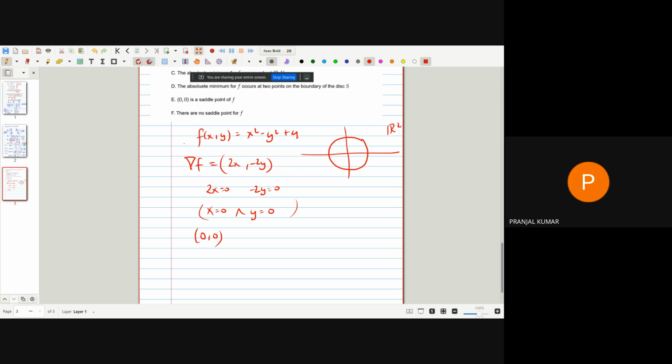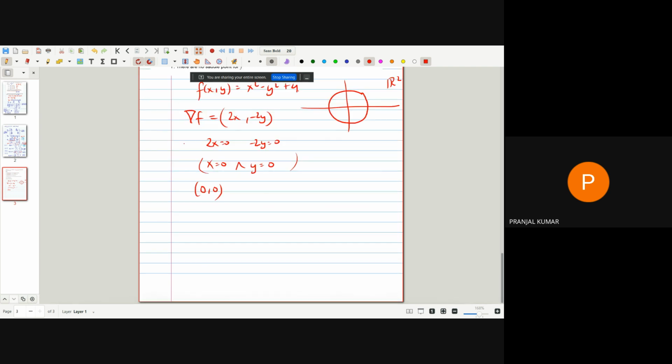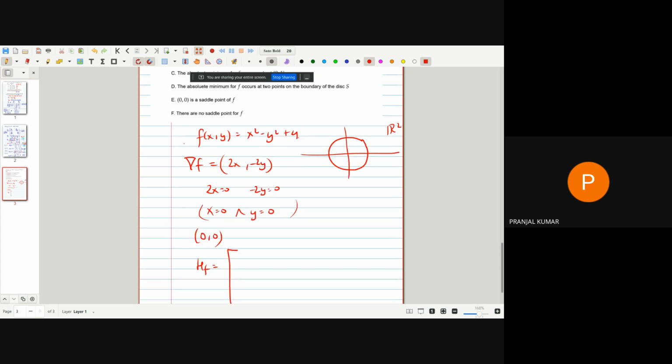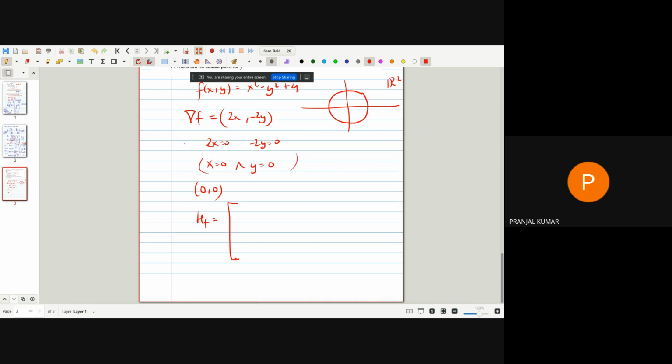So now you have to find the Hessian matrix. So Hessian matrix would be 2, 0. Differentiate partially with respect to x to get the first row.